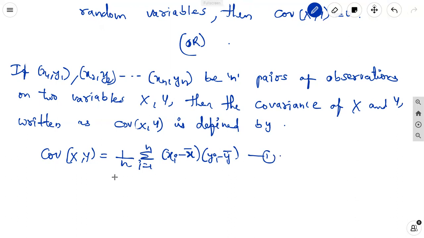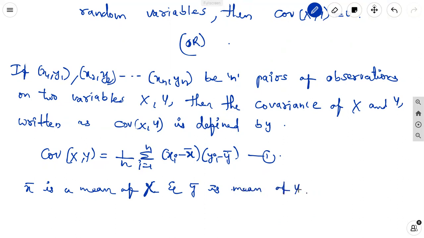Here x bar is the mean of X and y bar is the mean of capital Y respectively. In this, covariance is an absolute measurement.